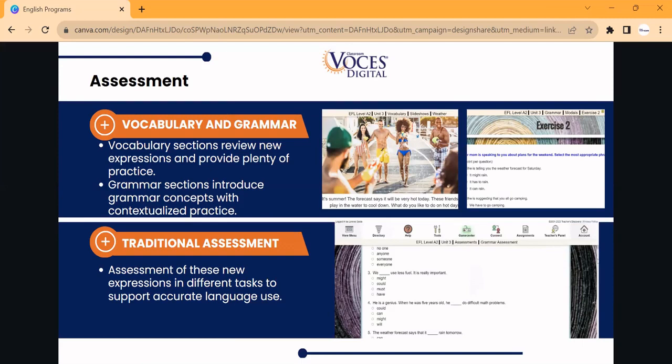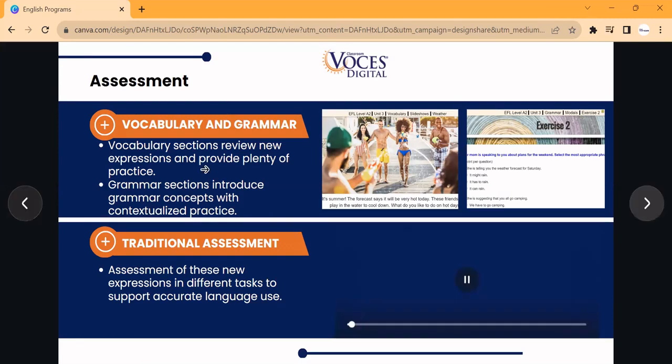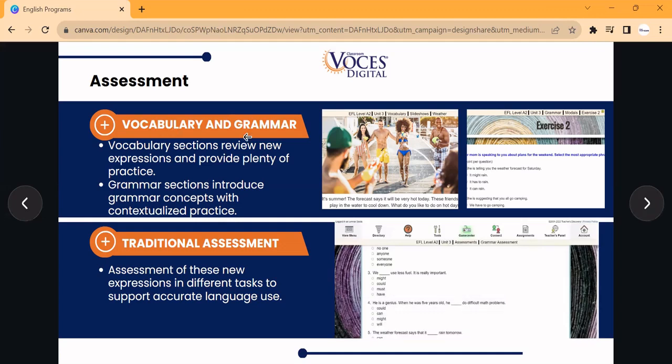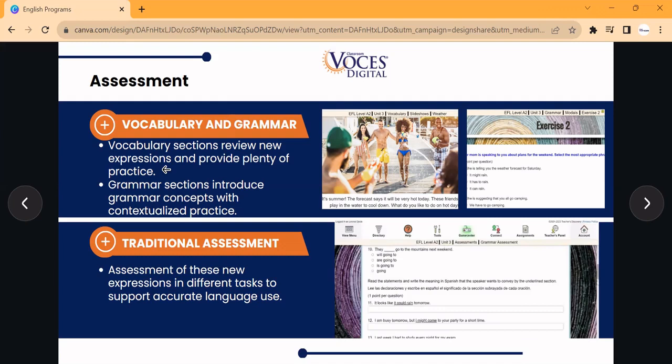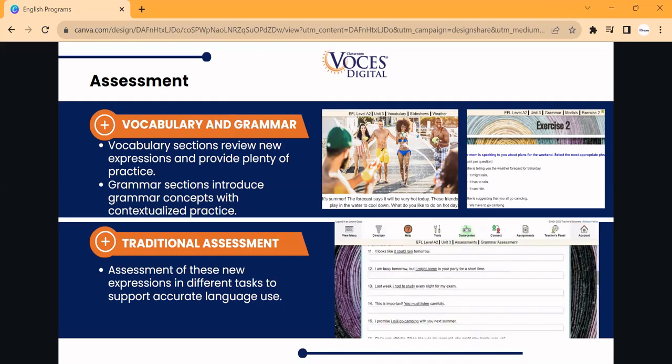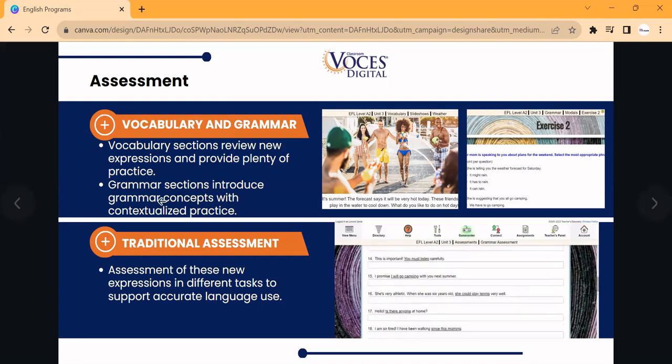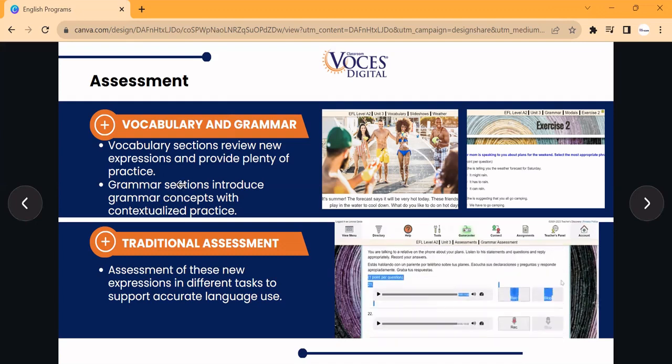These are some examples of our assessments. We have, as mentioned before, our vocabulary and grammar section that review expressions, and they provide plenty of practice. And the grammar sections are used to introduce the grammar concepts with contextualized practice.